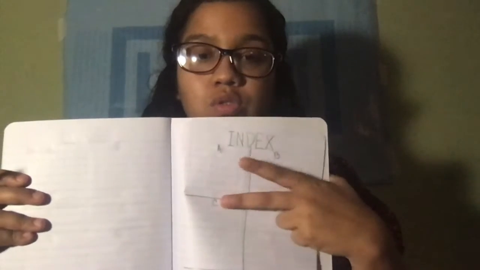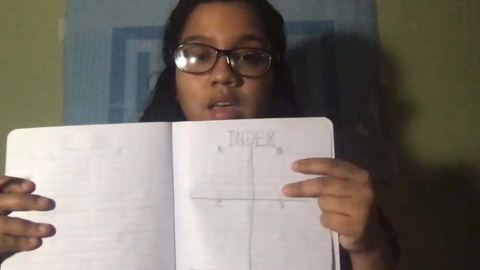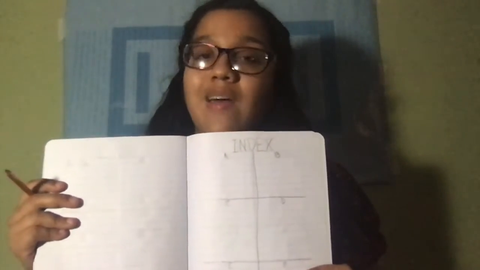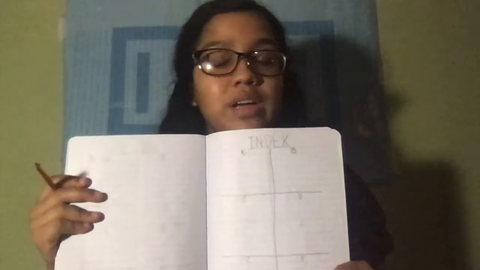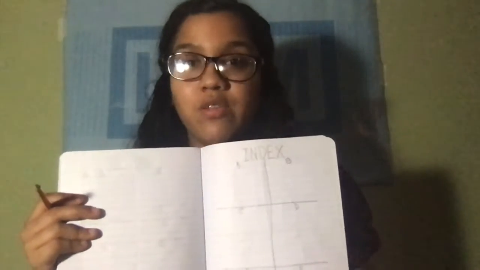Then you should have 2 columns, one for A and one for B. It is important that you leave the amount of space, the amount of lines that I am letting you know. That way we have space for each of our vocabulary words that we're going to be using throughout our learning.